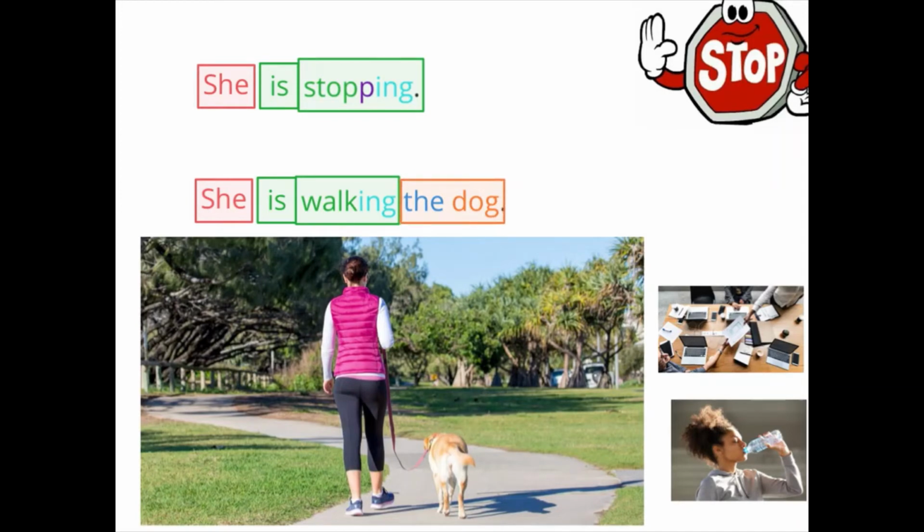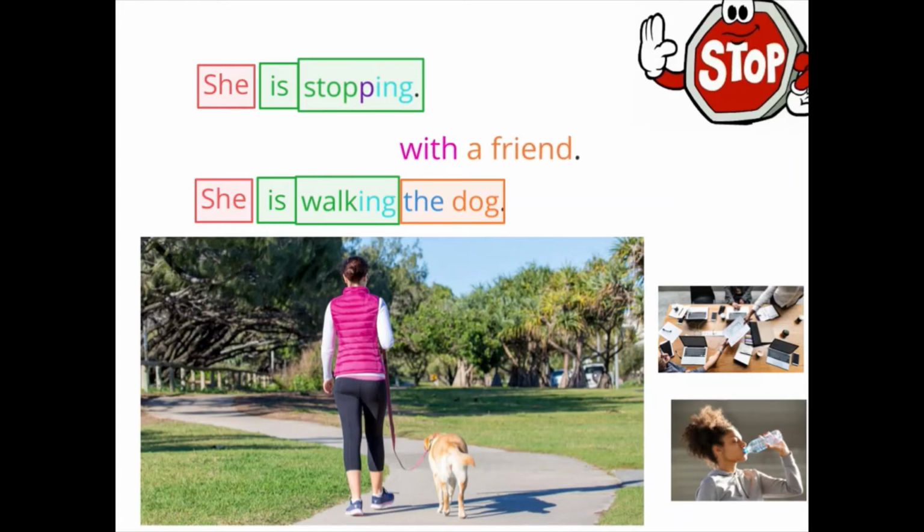We could say she is walking with a friend, but that would be a prepositional phrase, right? We could use the preposition with and then have an object like a friend. We don't really say she is walking with the dog because there's a leash on the dog.